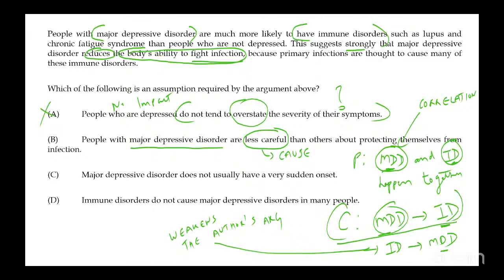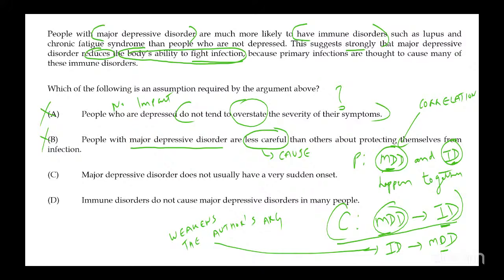Alternative explanation to what the author is giving will weaken the author's argument. If somebody is saying something else is the reason, something else is the explanation, something else is the cause, the author's argument gets weakened. So it can't be the assumption.